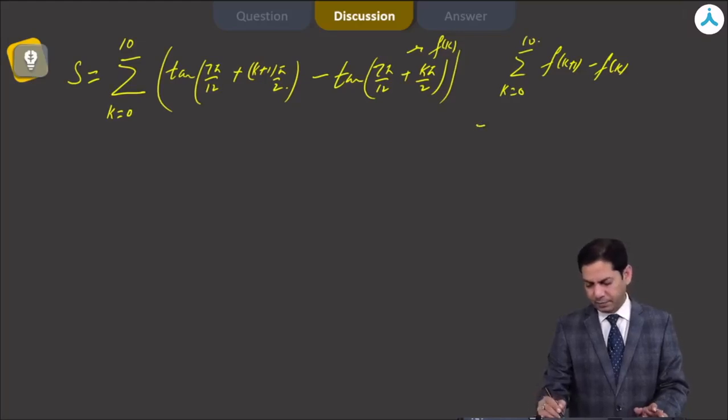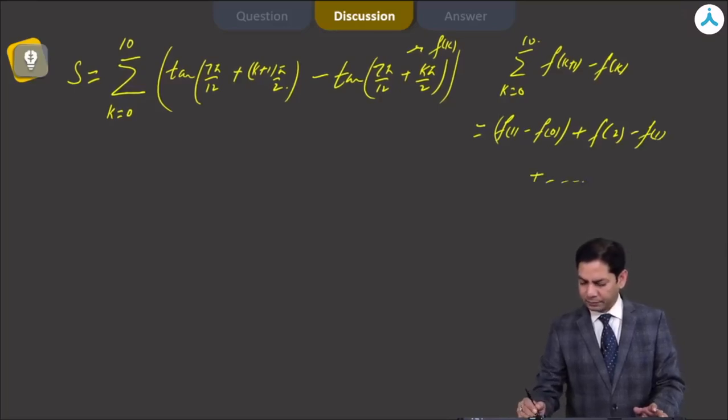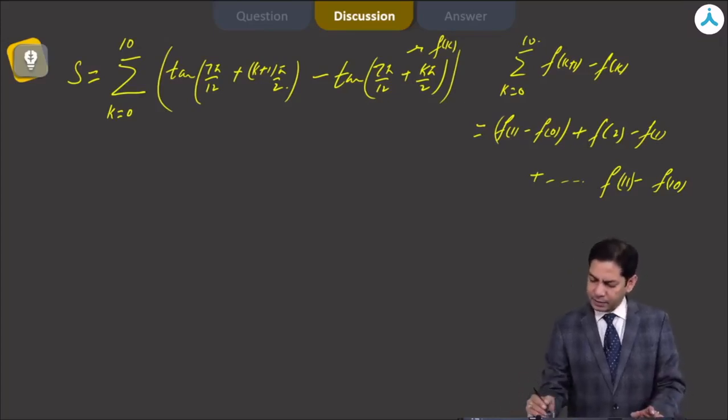So this will be equal to f(1) minus f(0) plus f(2) minus f(1), and if you keep on adding like that, up to f(11) minus f(10), these two will be the last terms, and this f(1) will cancel out this one. Other terms in between will also cancel out.